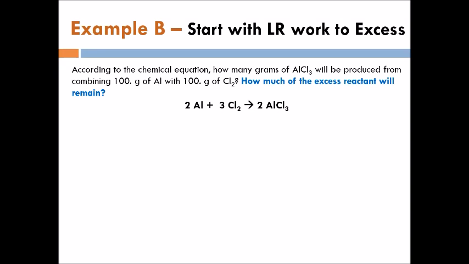We did the 100 grams of aluminum and the 100 grams of chlorine. We worked them to the aluminum chloride product. The one that came out smaller for the product was the chlorine, so the chlorine was the limiting reactant. That means we know that aluminum's excess, this one's excess, this one was the limiting reactant, based off of the numbers.